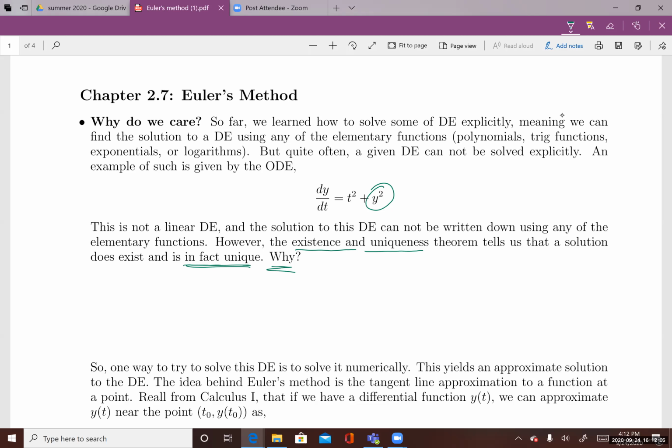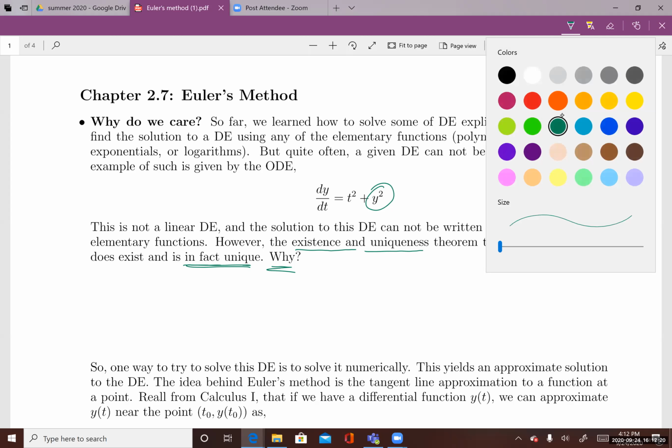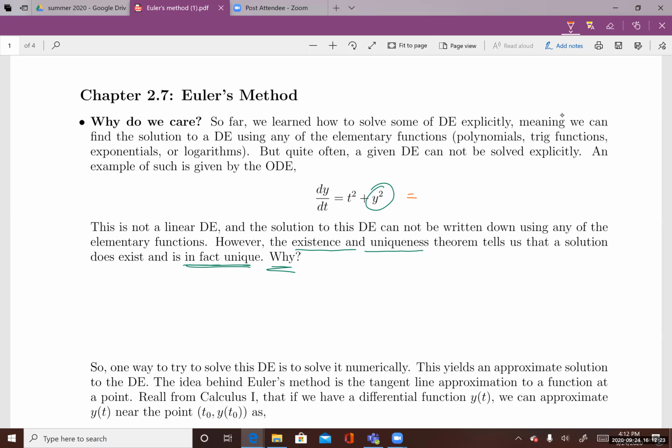So again, using the existence and uniqueness theorem, we can show that a solution to this differential equation exists and is unique if you have an initial value. If I call this function f of t and y, then I would know that the function f of t and y here is continuous everywhere, from negative infinity to positive infinity.